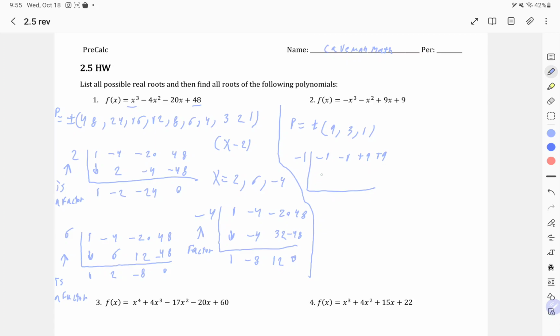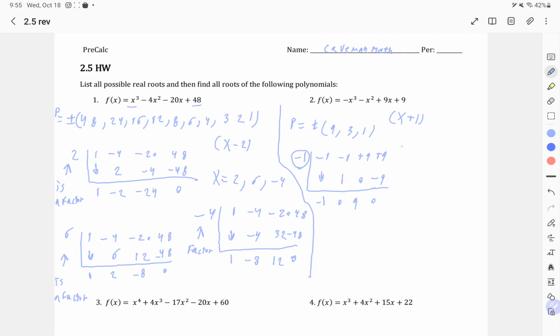All right, we bring the negative 1 down here. Negative, negative, positive 1, 0, 0 times 0, 0, 9, 9, negative 9. That is 0. Wow. Okay, this is a factor. So one of our factors is actually x plus 1.